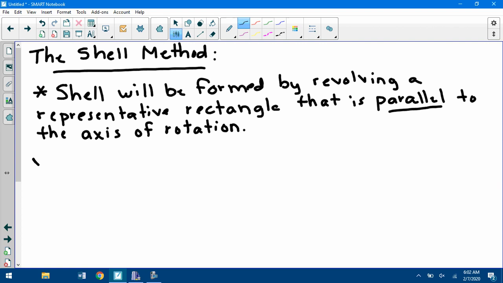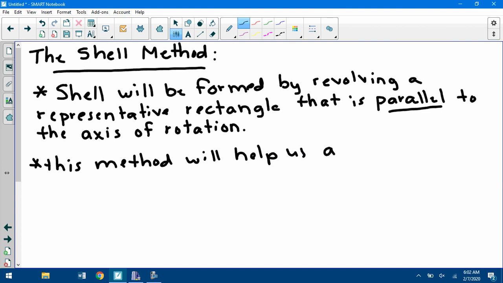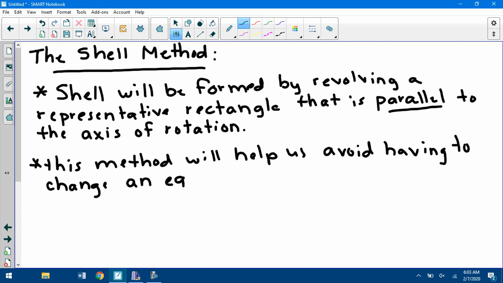Since now I have this extra option that I can always draw a rectangle parallel to the axis of rotation, this method will help us avoid having to change an equation in terms of another variable.